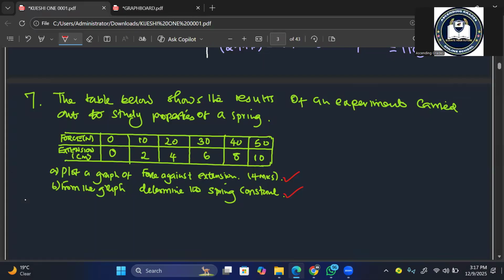This is my graph. I don't know if it is clear. You have somebody who has been left out in copying. Kindly follow with speed and accuracy.